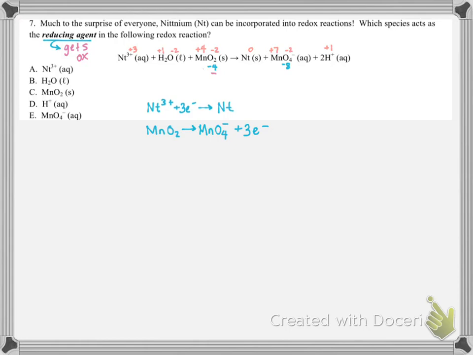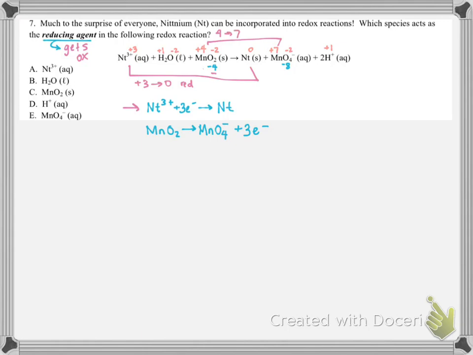So we can see that the nitnium reaction here, we can watch it's going from an oxidation number of +3 to 0. So it must be gaining electrons to become more negative. So this is being reduced. The manganese is changing from +4 to +7.